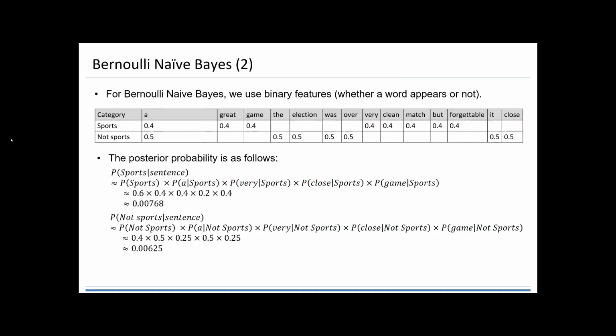We put all the values like this one, which you can get from the values in this matrix. After we have this, we can look at the probability. Based on the probability, this is 0.007 and this is 0.006. Then the probability of sports given the sentence is higher than the probability of not sports given the sentence. So the sentence is classified as sports.